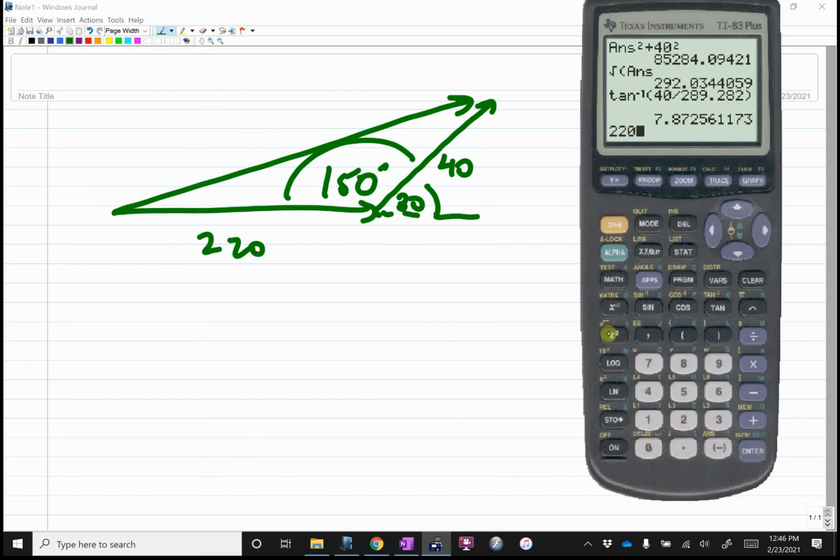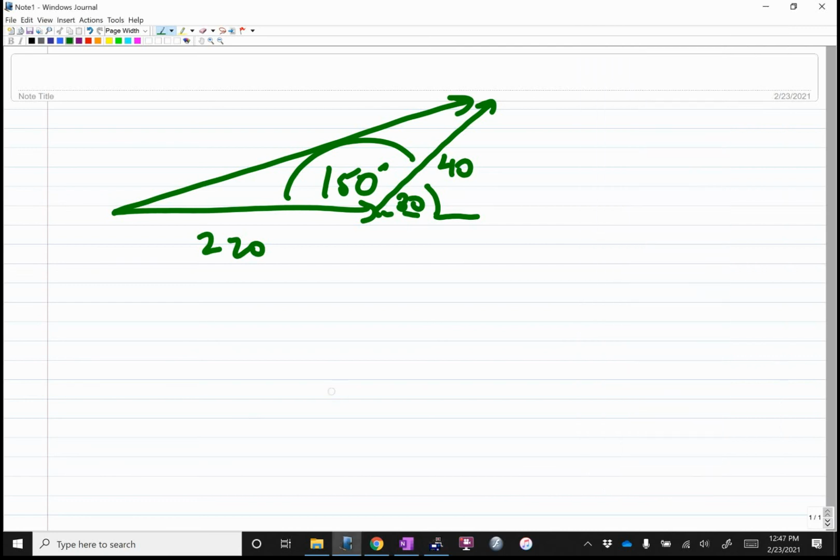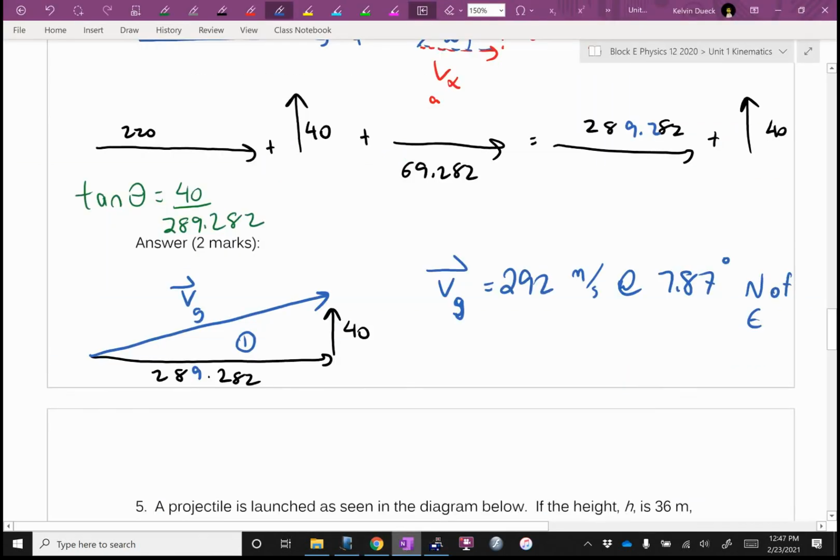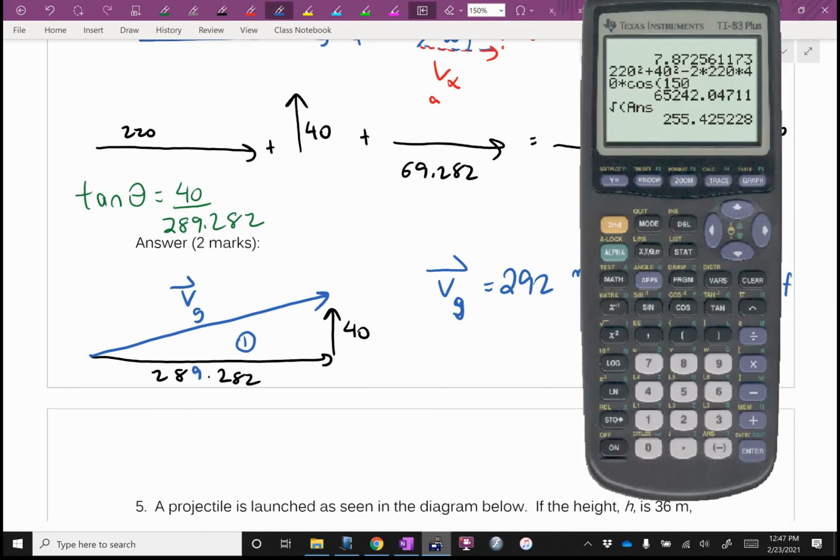It's going to be 220 squared plus 40 squared minus 2 times 220 times 40 times cosine of 150, square root of that. And there's the, oh, I did that wrong, Mr. Duick. Is it 220? I forgot the right numbers. 220 and 40. And I made a typo. Where did I make a typo?